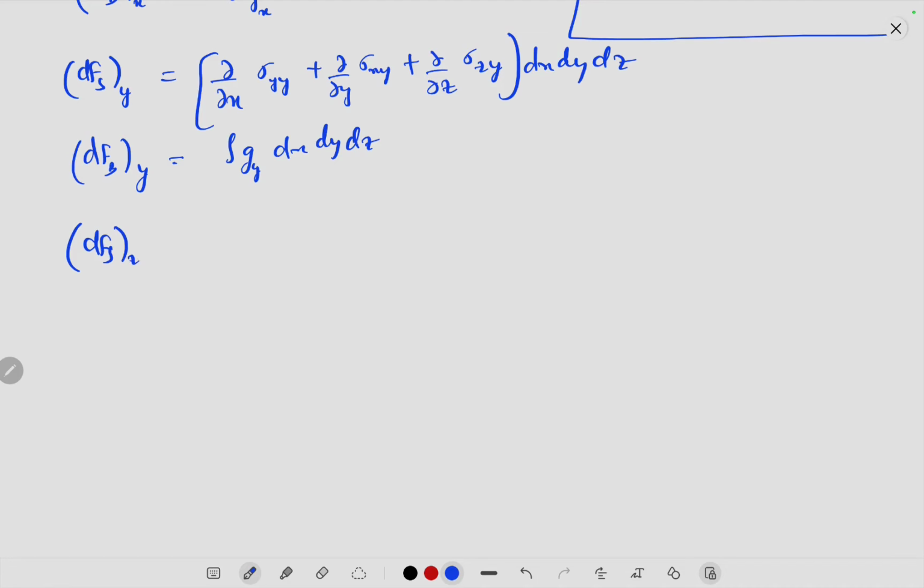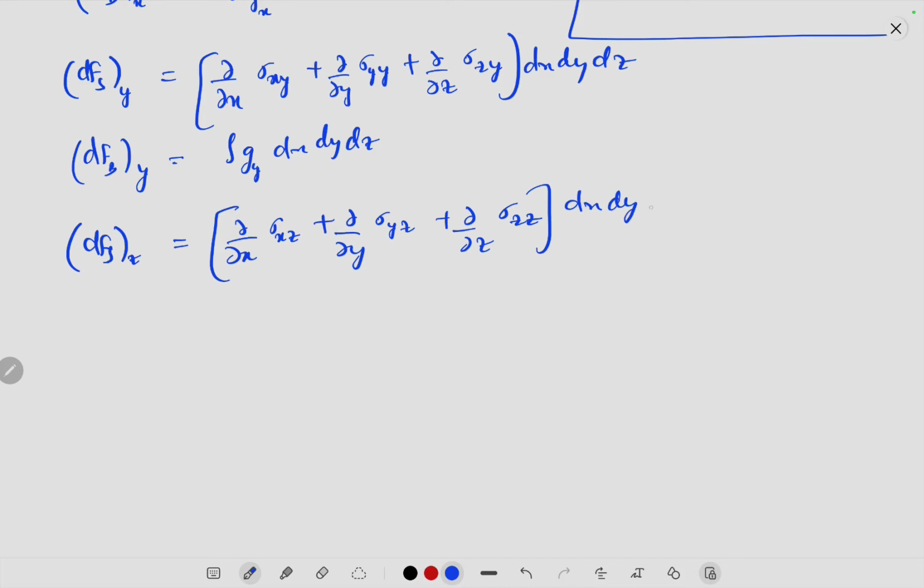And dfs along z will be del by del x of sigma xz plus del by del y of sigma yz plus del by del z of sigma zz times dx dy dz, and similarly the body force along z is rho gz dx dy dz.